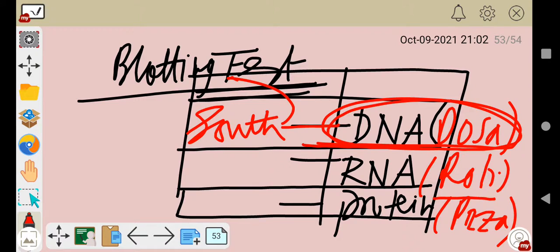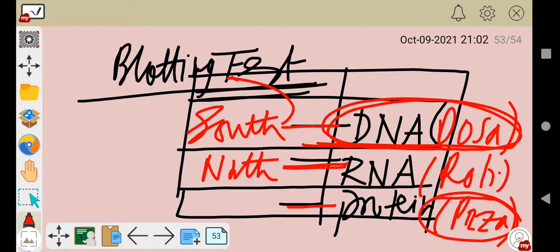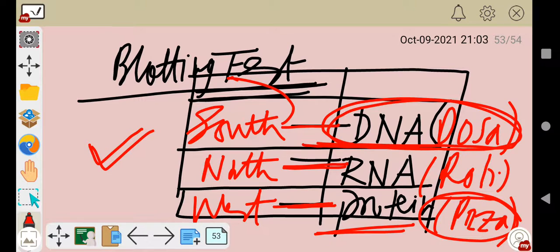Roti is taken mainly in the north, so in Northern blotting you can detect RNA. Protein, pizza is mainly taken in the west, so in Western blotting you can detect protein. Please don't say this to anyone, it is a joke type thing, and don't feel offended because of the food items. This is just for the purpose of mnemonic, just for you to remember, right?